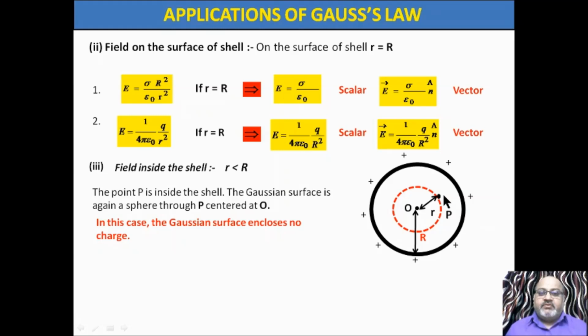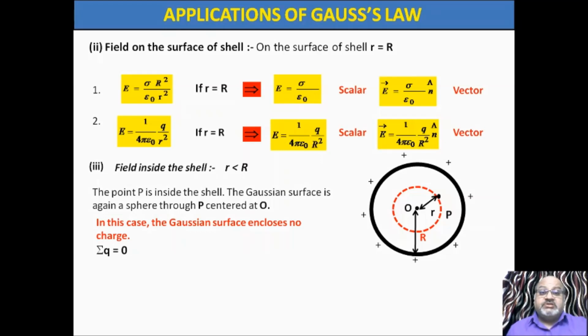Now we have to think over this, how much charge is present inside this Gaussian surface. See, there is no charge. All charge is now outside this Gaussian surface. It means no net charge is inside this Gaussian surface.